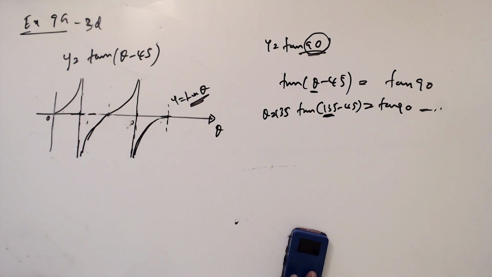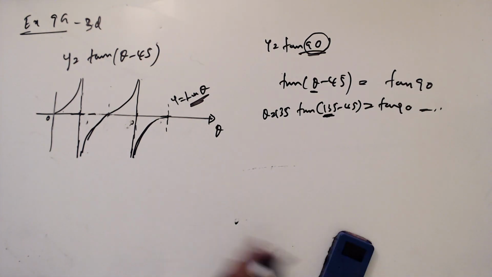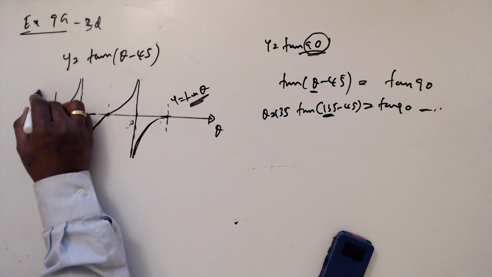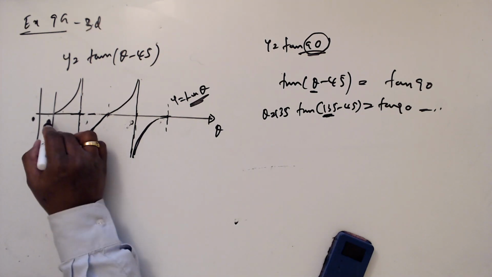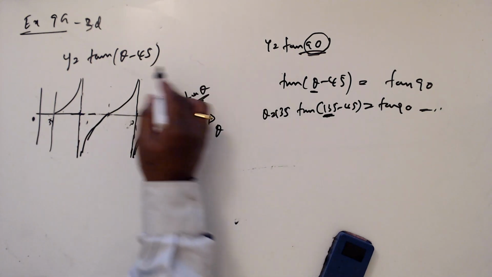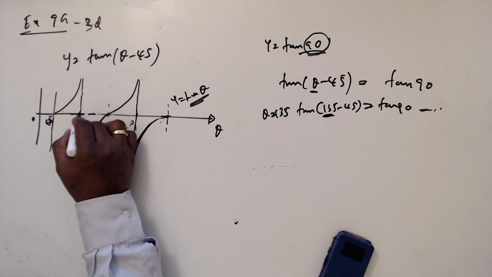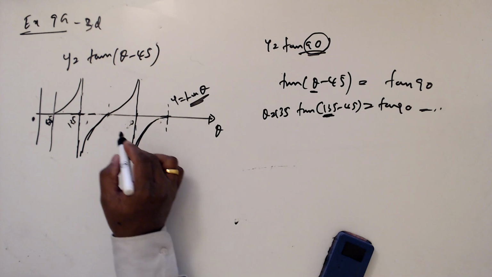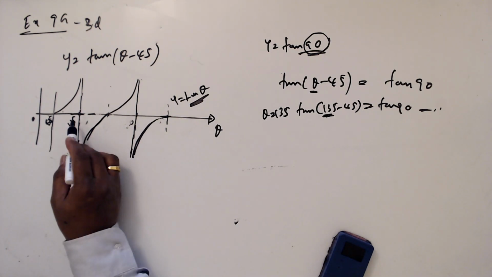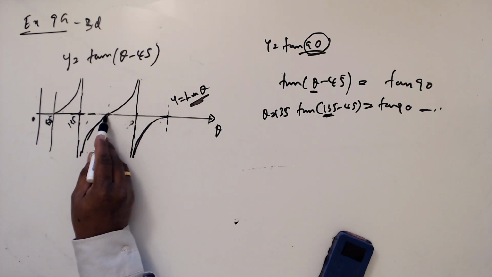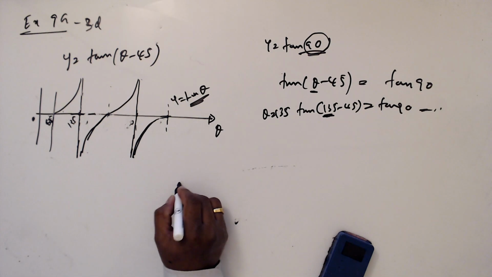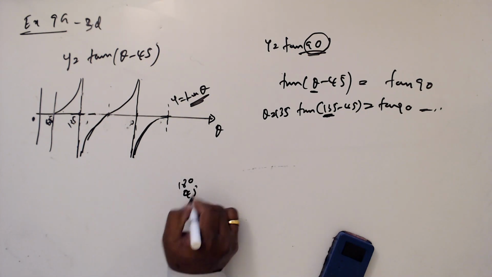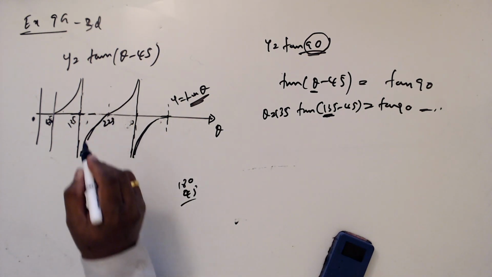So what I'm simply doing, I'll draw without putting those values. I know this is the tan graph. Now I will consider this is 0 and this is 45 and this is going to be 135. Every value here was 180, so 180 plus 45, this is going to be 225.